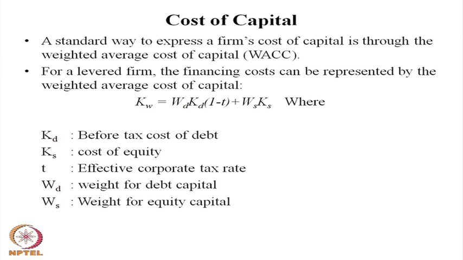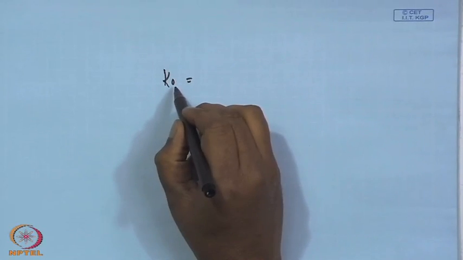Equity and debt compose the capital structure of a company, and the overall cost of capital depends upon the cost of debt and the cost of equity. When you mention the capital structure, the WACC of a company is nothing but the overall cost of capital for that company.